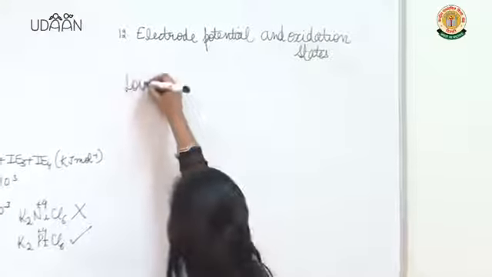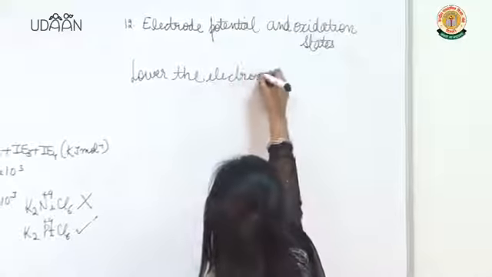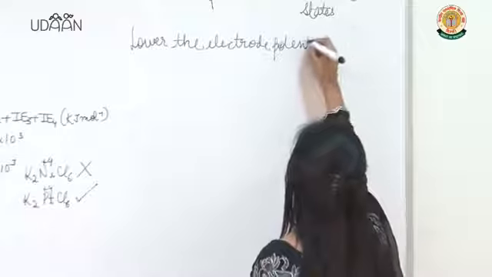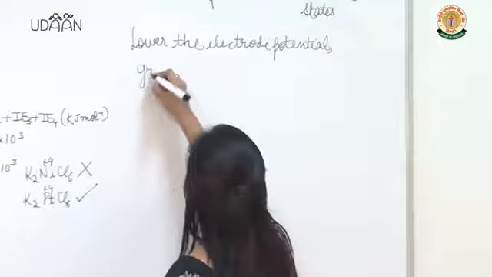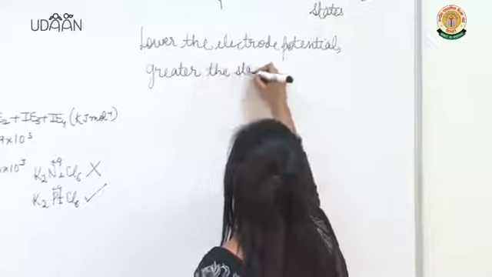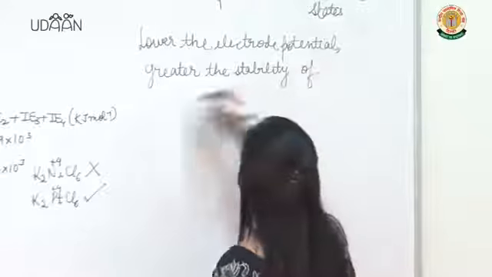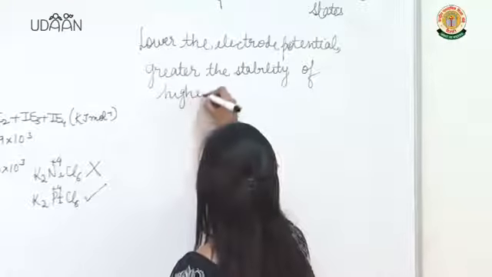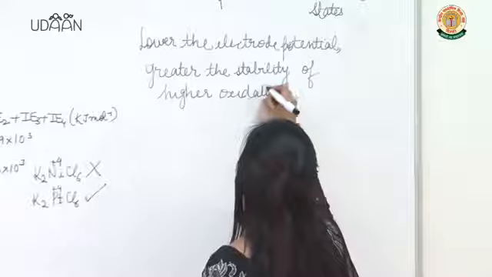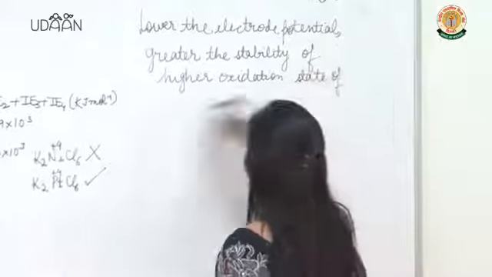Now, the lower the electrode potential, the greater would be the stability of the higher oxidation state of the metal in aqueous solution.